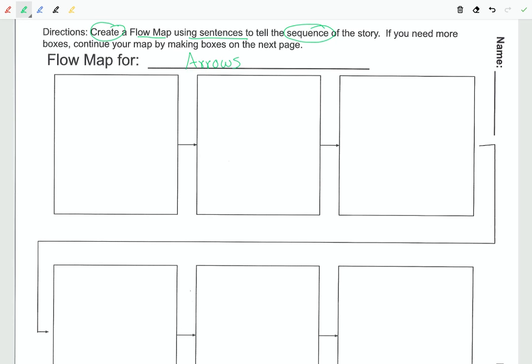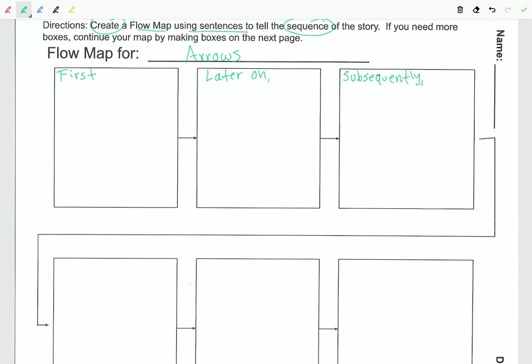Again, you're just going to say what happened first, what happened later on, what happened next. But sometimes instead of next, we could say subsequently. That's just a fancy word for saying next or second.